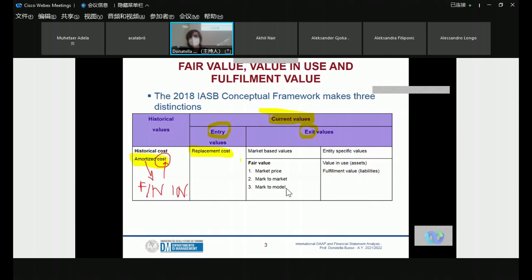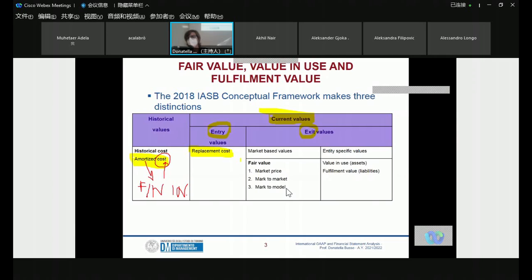So the amount that the company should pay today in order to replace the asset. Entry, because it's a value based on the amount of money necessary in order to buy again the asset.